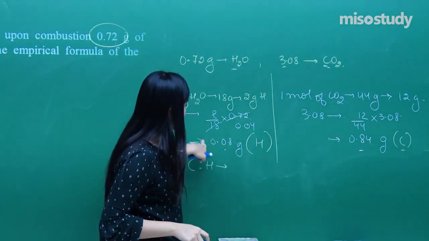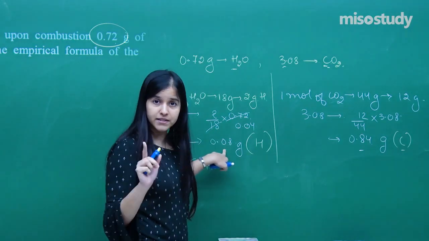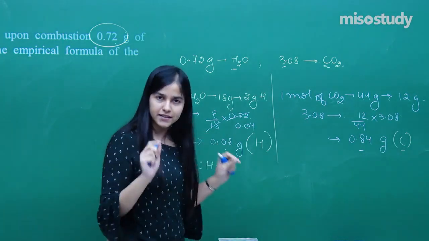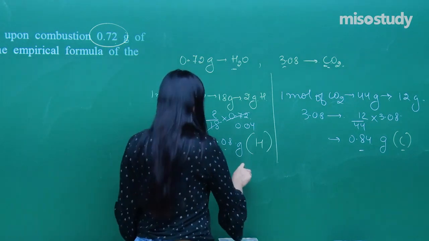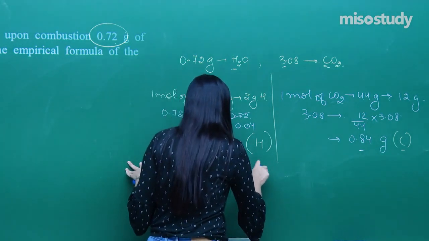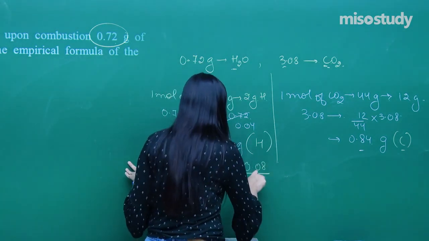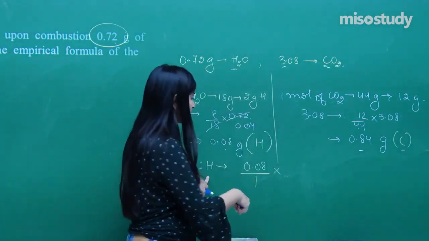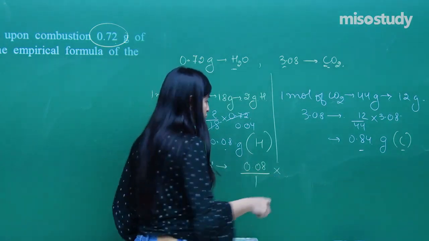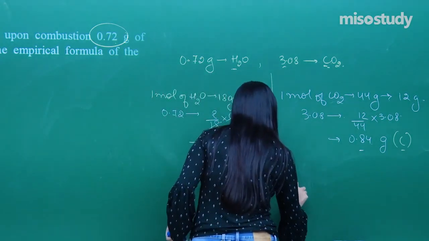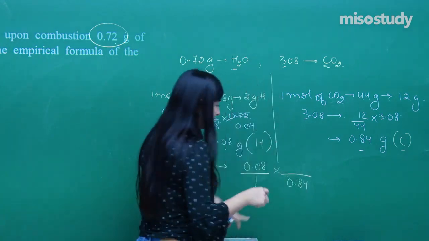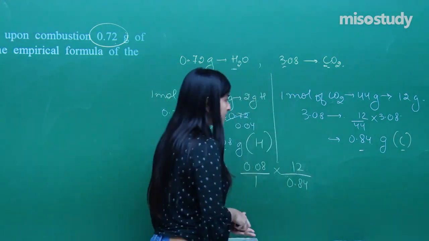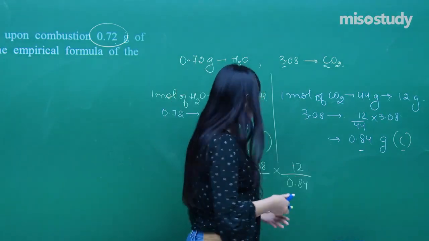If I convert these grams into moles, right? I need moles because I am considering 1 mole of that compound, that is what the empirical formula says. So it will be 0.08, that is the mass, divided by its molar mass 1, and hydrogen to carbon means 0.84 divided by 12, the molar mass of carbon.